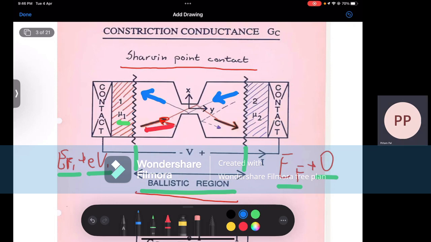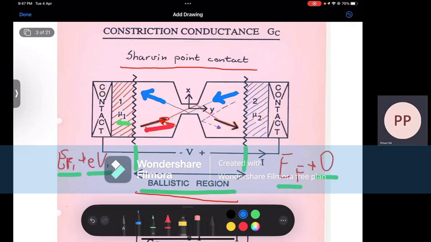Okay, so now the chemical potential difference: eventually electrons do lose their energy, although not in the ballistic region but outside. And so the energy difference is then given by eV, right?